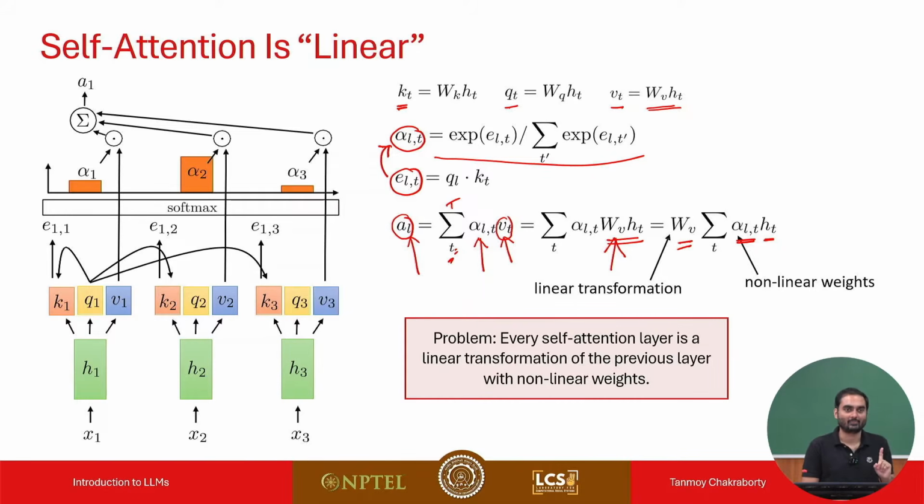So essentially you are multiplying the hidden state with a weight, and this weight is computed through some sort of non-linear operation. So the weight is a non-linear operation, but this multiplication is a linear operation.